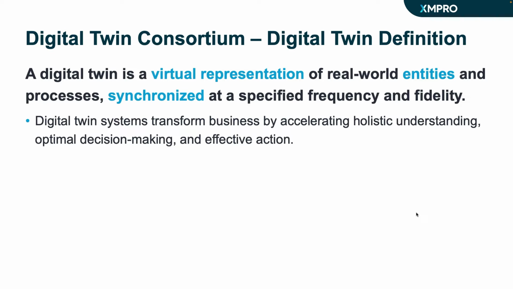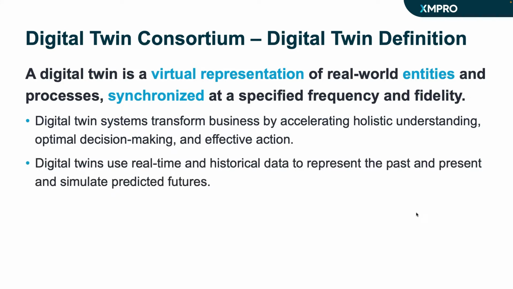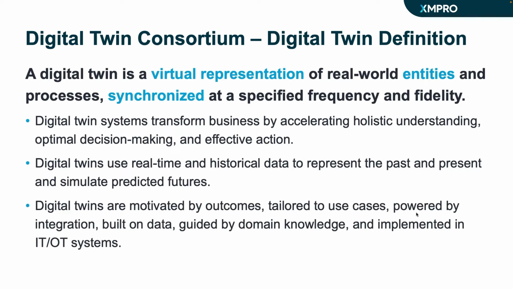The first is that it is there to support decision making and understanding and driving effective actions. The second one is that it is built on real-time data as well as historical data, and the idea is that it can represent the past, what's happening right now, and also simulate predicted futures.